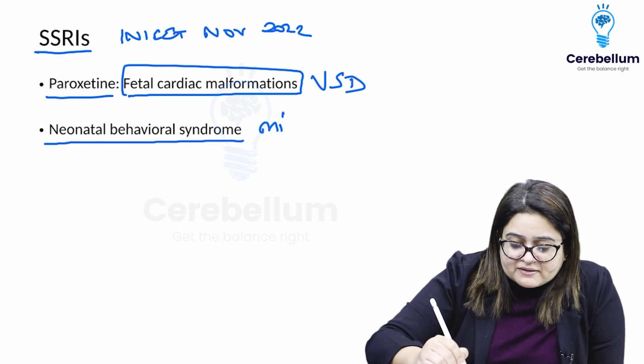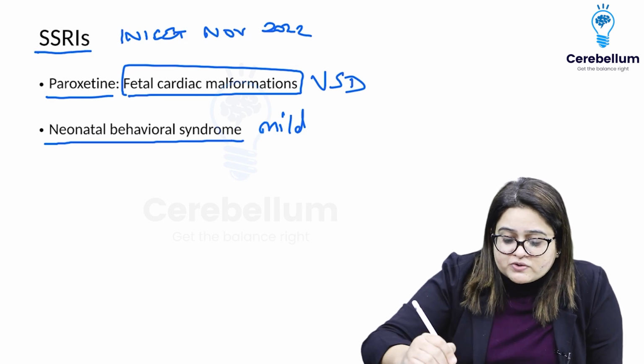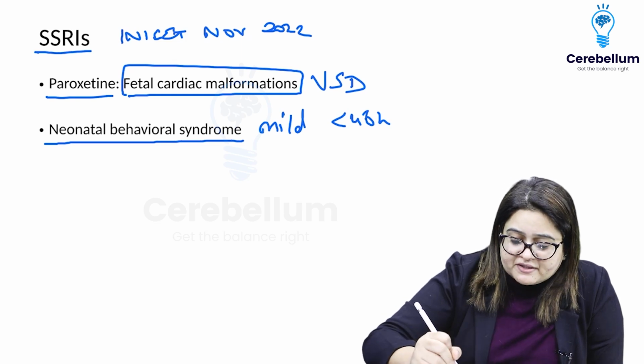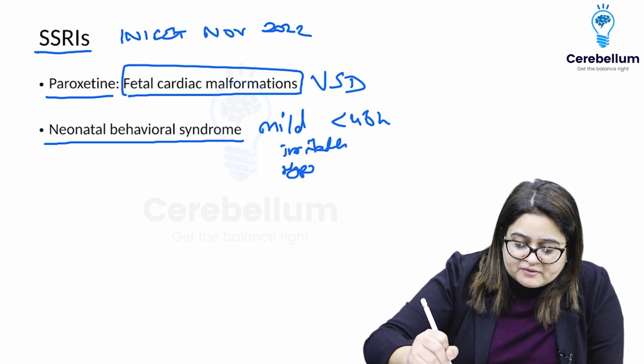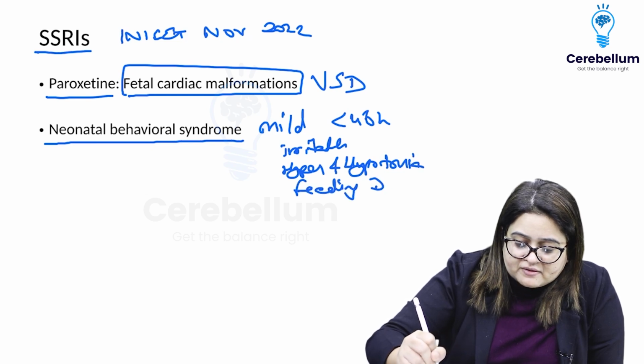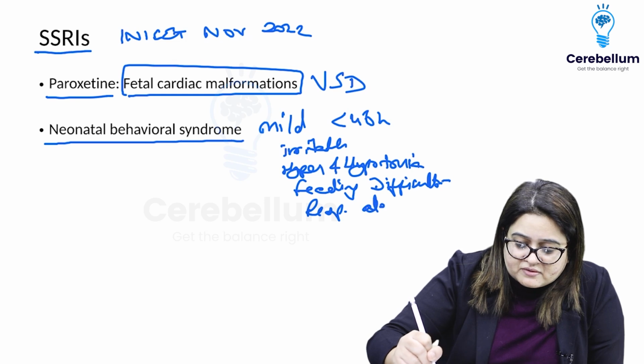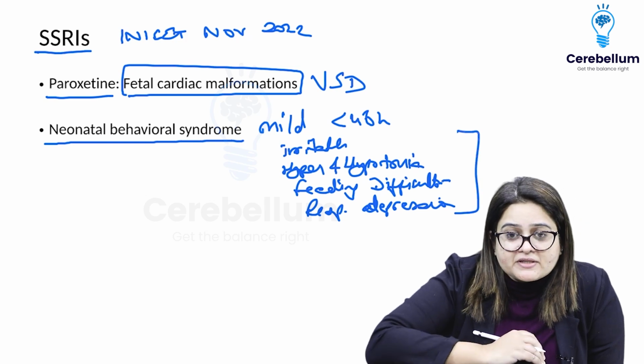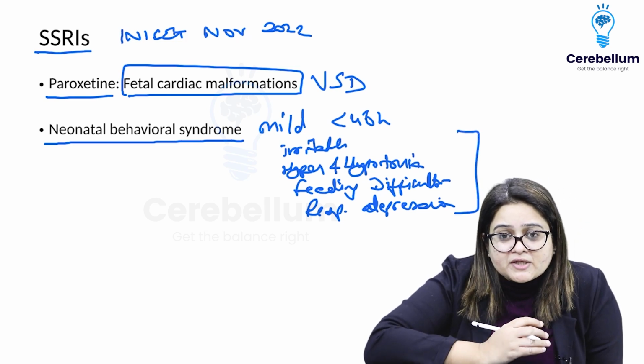These are mild abnormalities which usually settle within 48 hours, but such babies are irritable, they have hyper and or hypotonia, they have feeding difficulties, and they have respiratory depression. But all these are mild and self-limiting. Within 48 hours the baby improves.